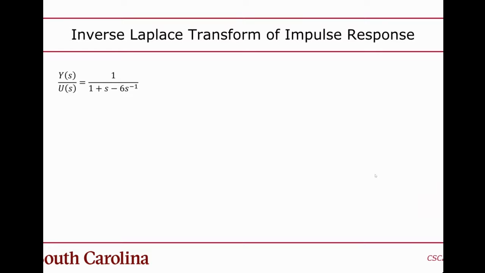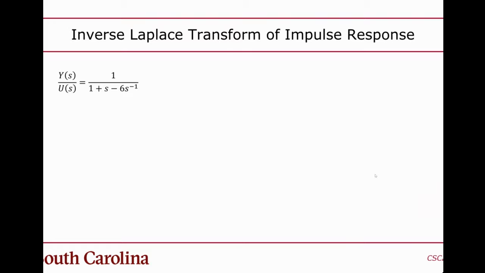So here's the transfer function that we just built, that I just made up. This is Y of s divided by U of s. So Y is the output and U is the input, and they're in the s domain. Now, one thing to keep in mind is that oftentimes transfer functions are abbreviated.